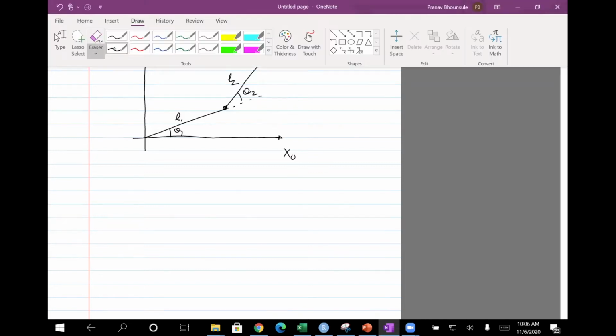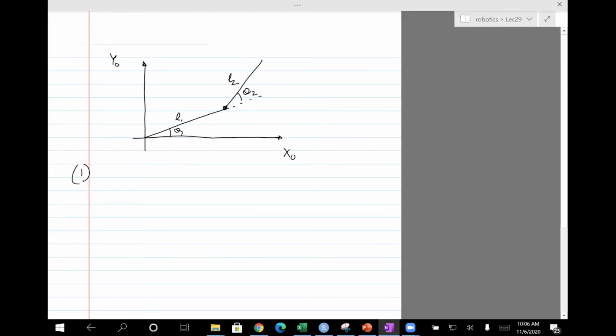So first, let me redraw the manipulator. The only thing I know right now is there's axis x0, y0, and I know the link lengths, and then I've been given these thetas. Okay, so here we go. Step 1.